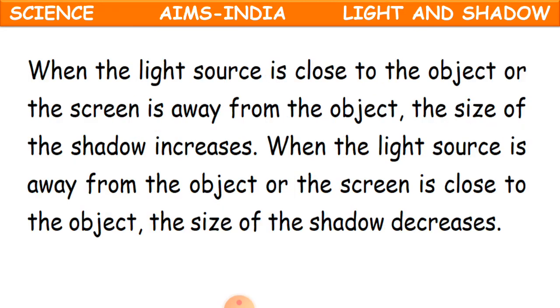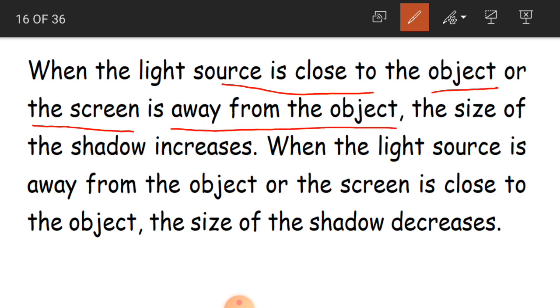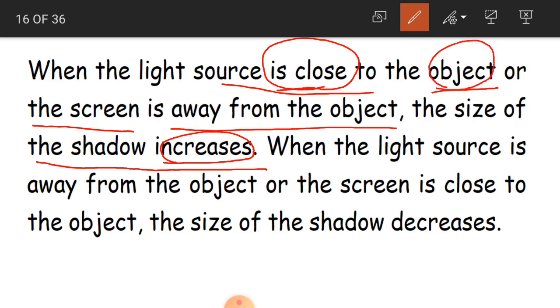When the light source is close to the object or the screen is away from the object, the size of the shadow increases. Suppose this is the object, children, and this is the light source.